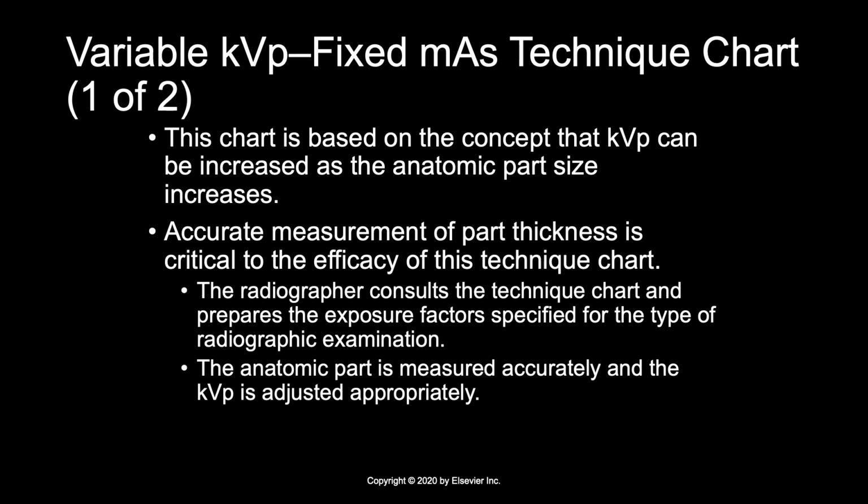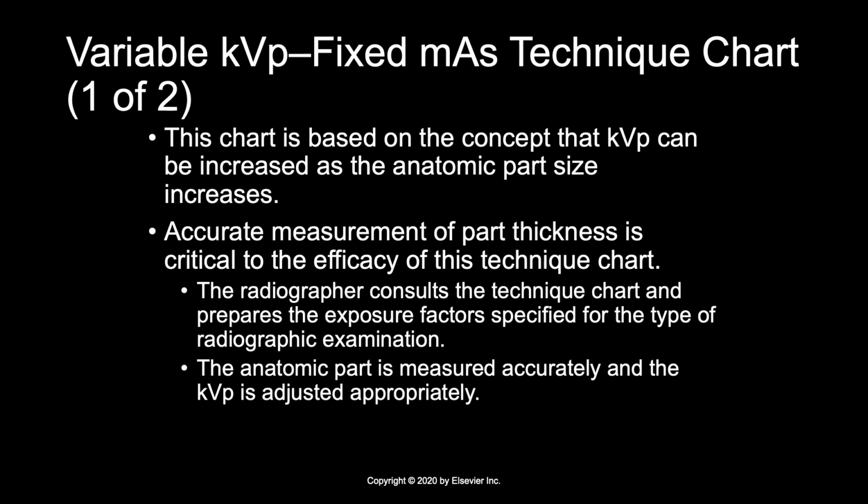So for example, a standard exposure technique for a patient's knee measuring 10 centimeters or 4 inches is 63 KVP at 8 mAs using a DR IR, and we'll use a 12:1 table Bucky grid. A patient with a knee measuring 15 centimeters, which is 6 inches, is going to require a change only in the KVP from 63 to 73.